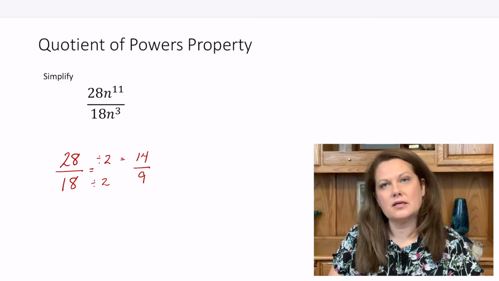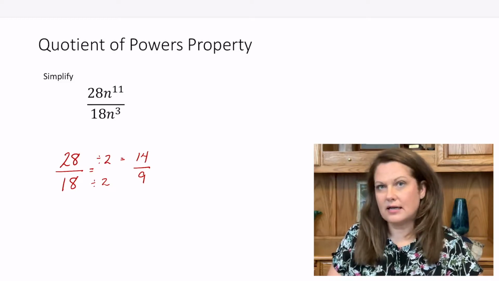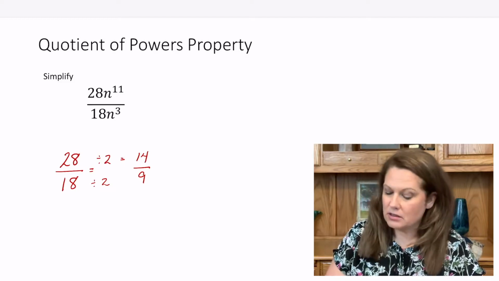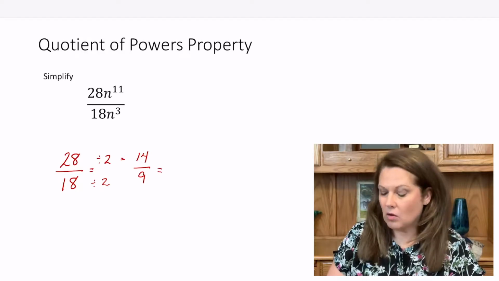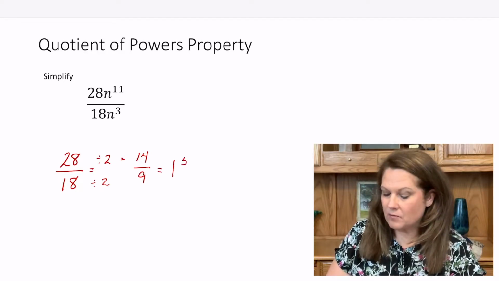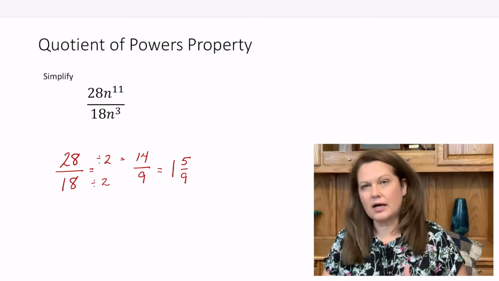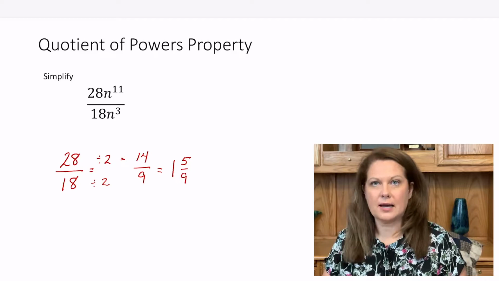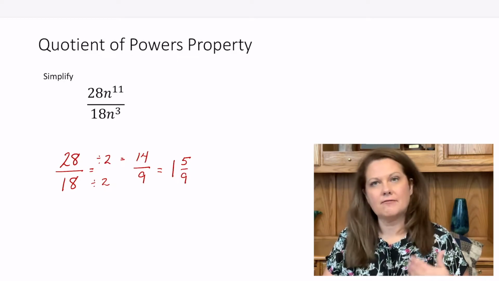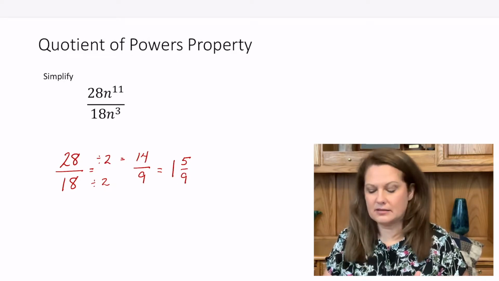Now we can keep this just like this as an improper fraction, or we can actually write it as a mixed number. We can say 1 5/9. Now how I got that answer is I know 9 is going to go into 14 one time. That makes a whole. I have 5 left over, so that's my 5/9.